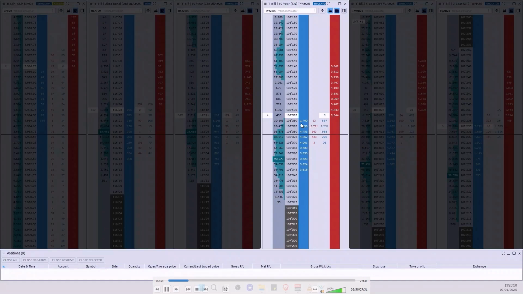You see, now the buyers are getting less interested, and we see 1,000 contracts versus 2,000, almost 3,000, right? And that can be deliberately done by the buy side to see if the sellers will attack.